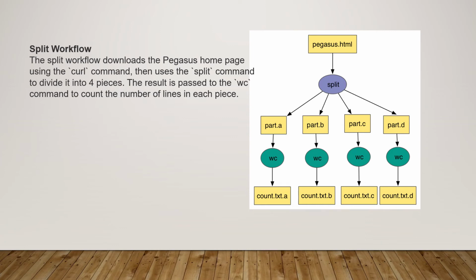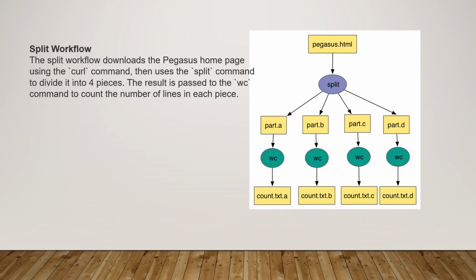You can see this in the entire DAG diagram, where this HTML file is downloaded, and gives you the split task, where it will generate part.a, part.b, part.c, and part.d as the files, which in turn give you the wc tasks.